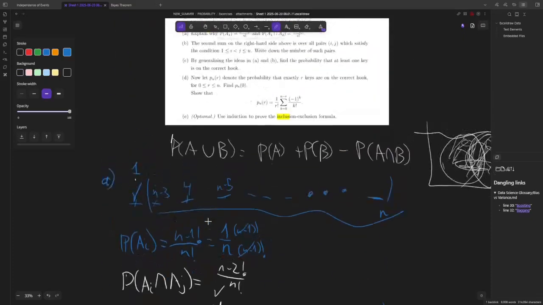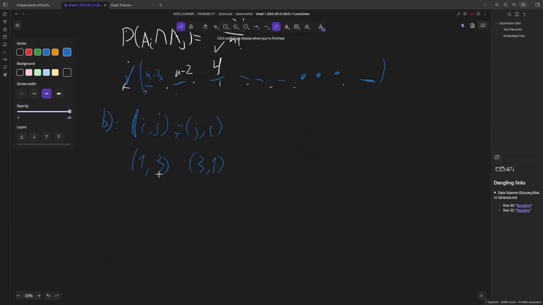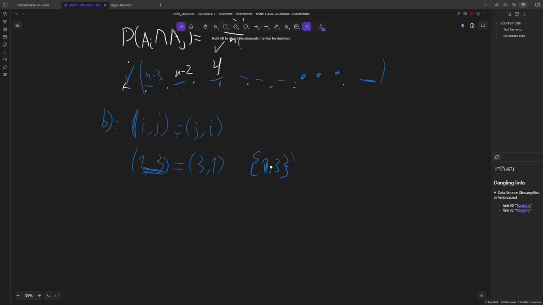You can think of these two as the same, so you want the pair 1, 3, not another pair, and another pair. As long as it's not 1, 1, this subset will represent it. And now, how do you count these subsets?